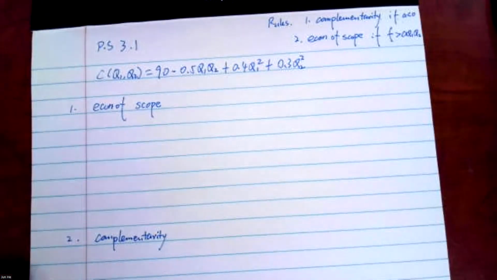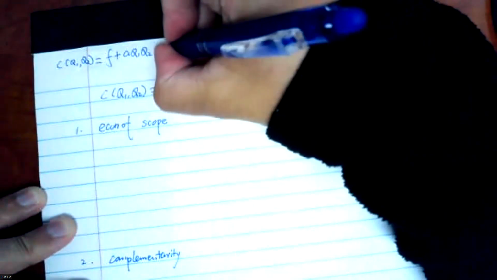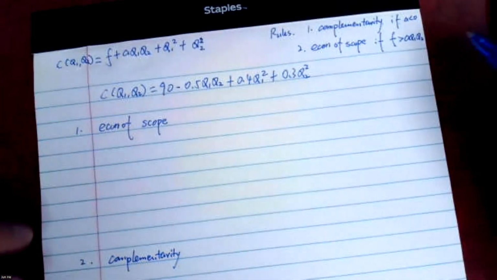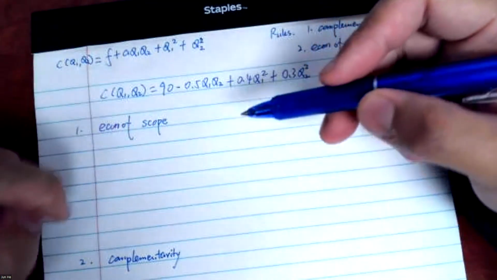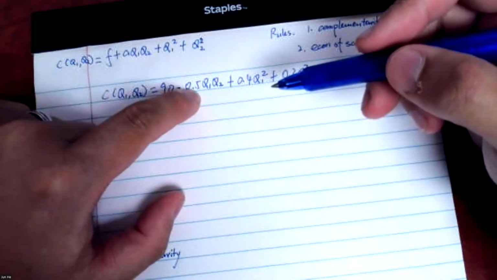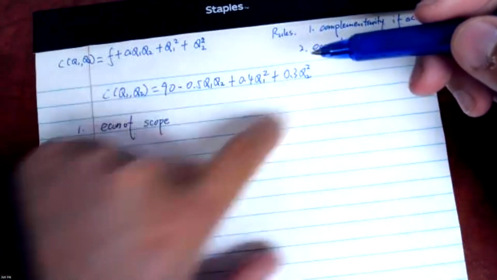Let me note clearly what A and F are. C(Q1, Q2) equals F plus A Q1 Q2 plus Q1 squared plus Q2 squared. In this case, we have a more explicit numeric version of the cost function, which is 90 minus 0.5 Q1 Q2 plus 0.4 Q1 squared plus 0.3 Q2 squared.